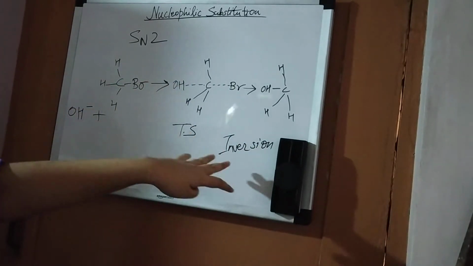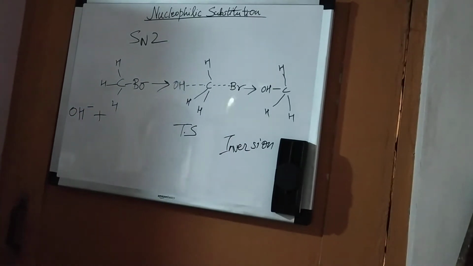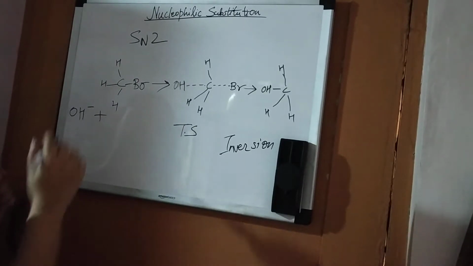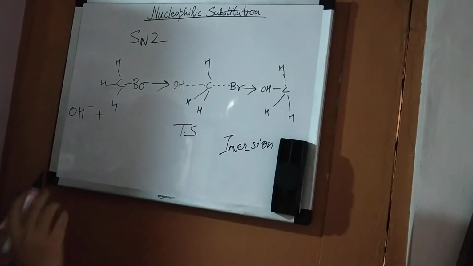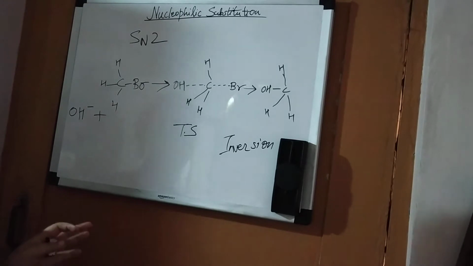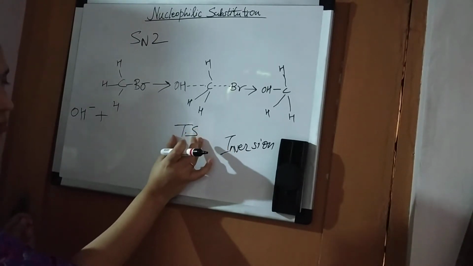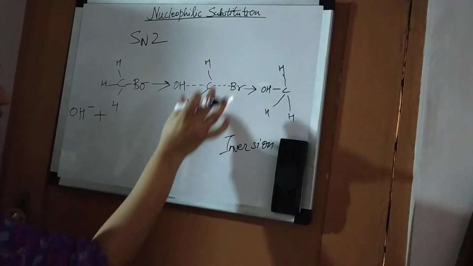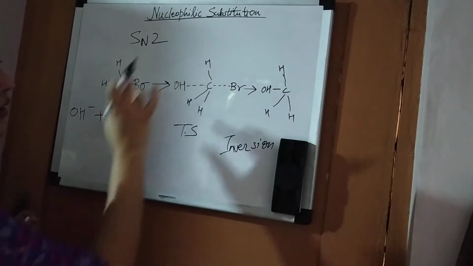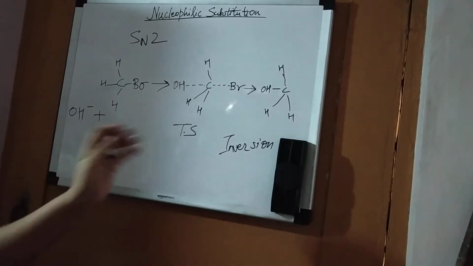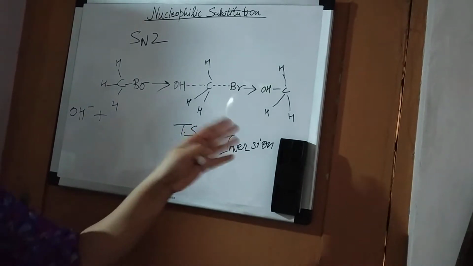So inversion of configuration has taken place. This occurs in a one-step reaction, in which the transition state is formed for a very short duration of time and this compound can't be isolated. It is the transition state, and this is the final product.